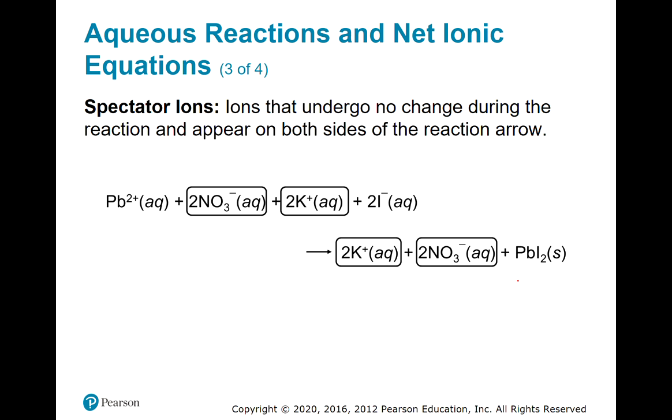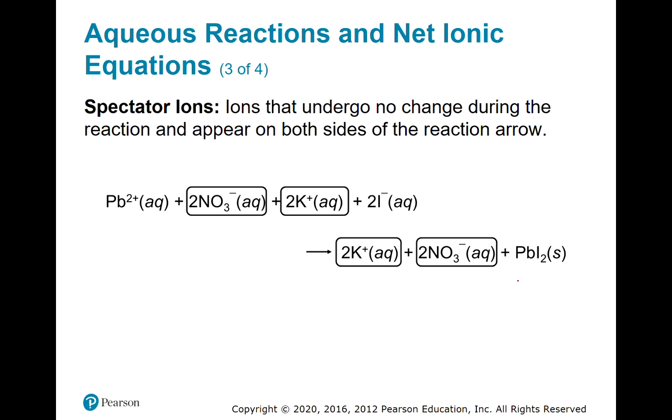So even though those ions are present in the reactants and the products, the only sort of actual chemical change that happens here is the combination of the dissociated lead ions and dissociated iodide ions to form solid lead 2 iodide.